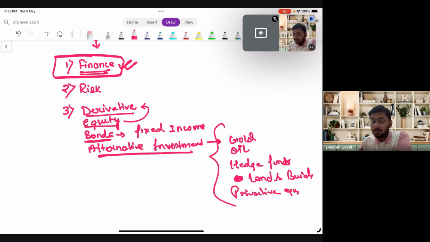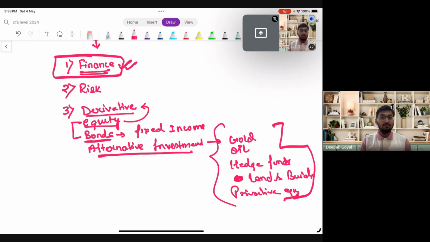These are all part of your alternative investments. Equity and bonds are your primary investments. Gold, oil, hedge funds, land and building, and private equity are alternative investments other than the primary ones, but these are all very risky compared to equity and bonds.